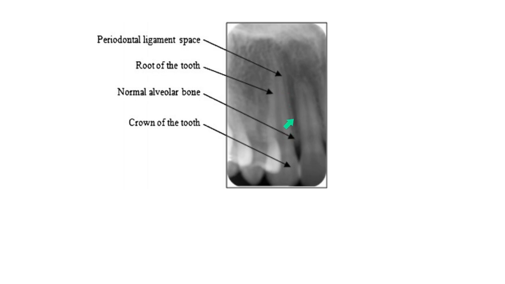So in case of healthy periodontium, we have an intact crest of alveolar bone, an intact periodontal ligament space, and there are no obvious radiolucencies.